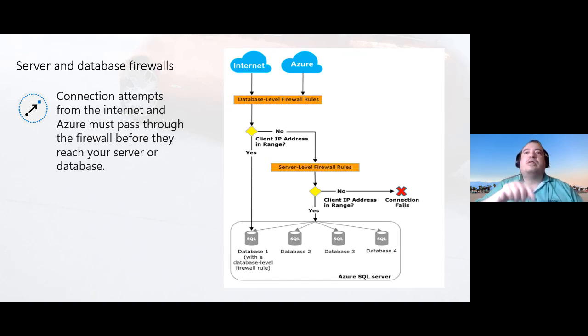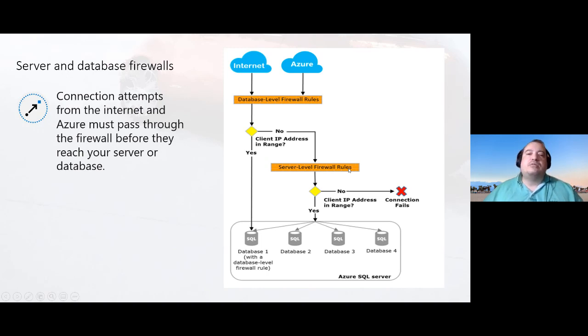It is located in the Azure portal, so everyone can go to the Azure portal and see it there, and immediately thinks, let's open this firewall for some IPs or for some services and so on. So everyone keeps working with the server-level firewall rules.